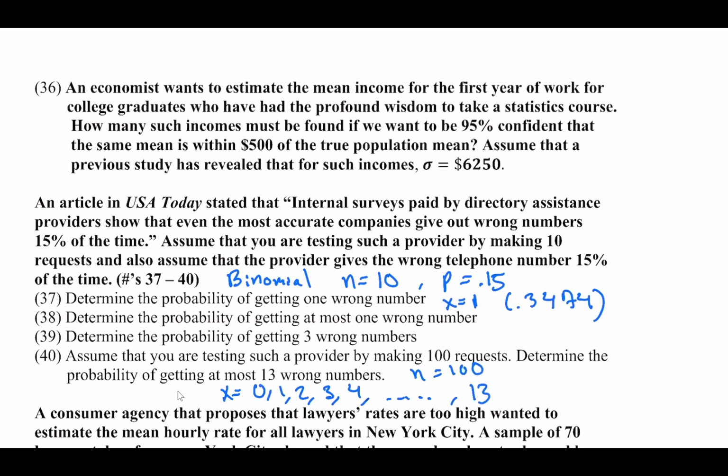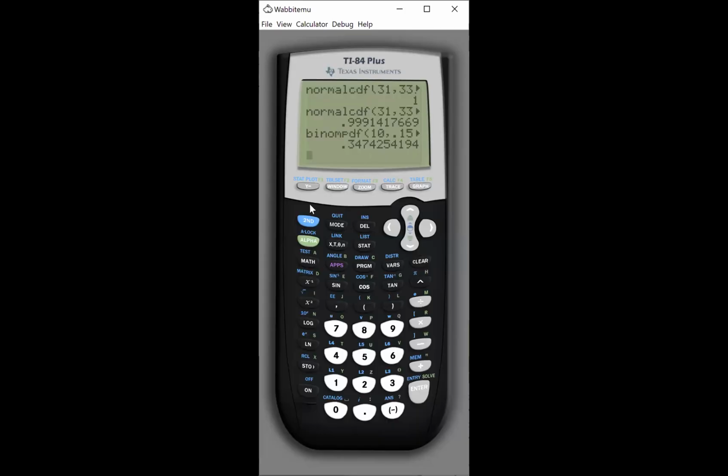Okay, so let me go ahead and do this on the TI-84, and then we'll do this on ClassCalc. All right, so for the TI-84, you go to second, you go to VARS, and we go to binomial CDF. So trial will be your n, so n is 100, p is 0.15, and x is the highest x value that you have in your range. So if you look at our range, it went from 0 all the way to 13.